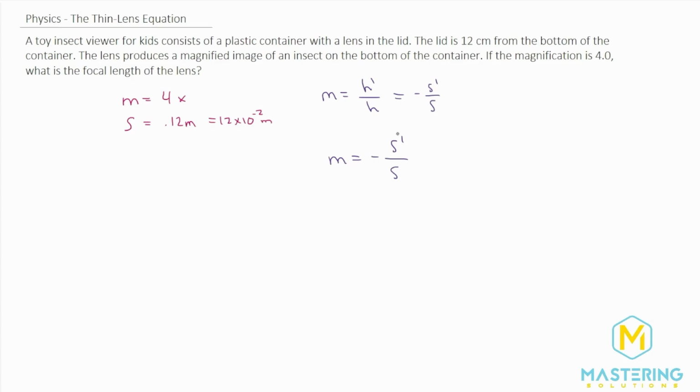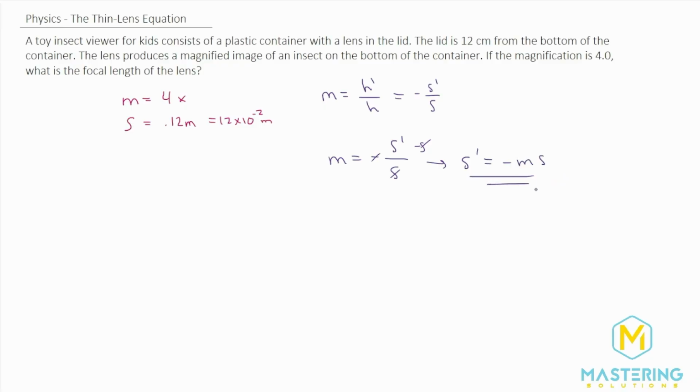If we rearrange this to solve for s prime, we multiply both sides by s, and then negative s gets rid of that as well. So s prime is equal to negative magnification times the object distance.